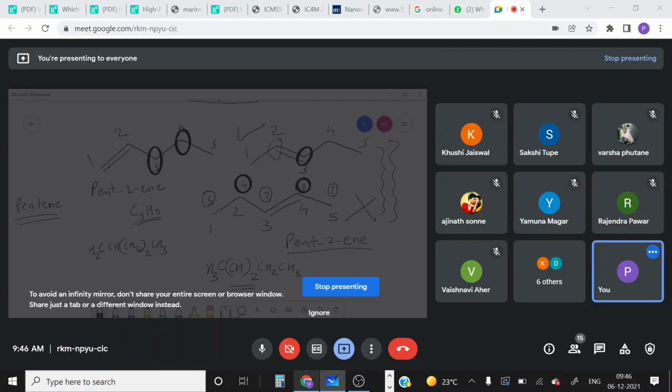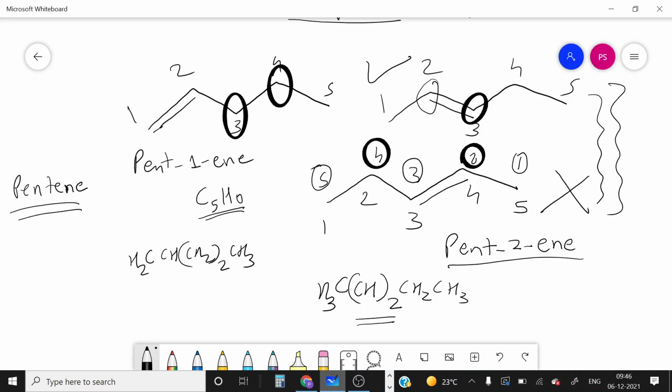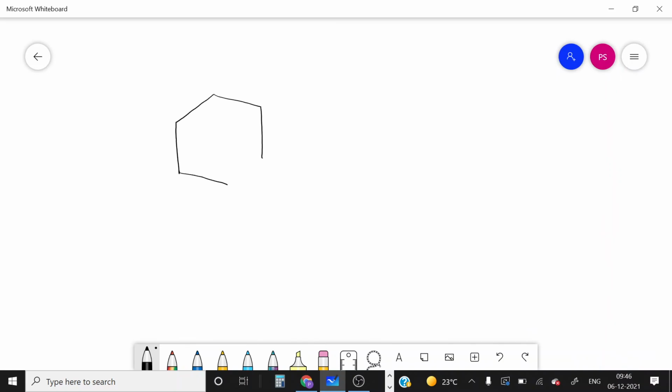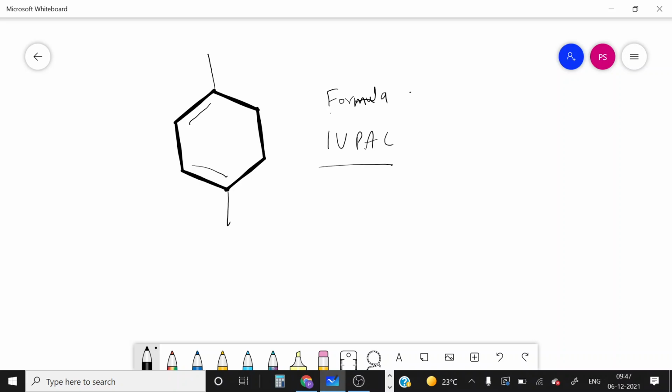You got it? Any question? Now you have to write the formula of this compound and IUPAC name.